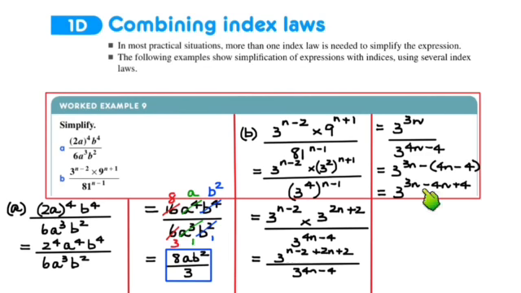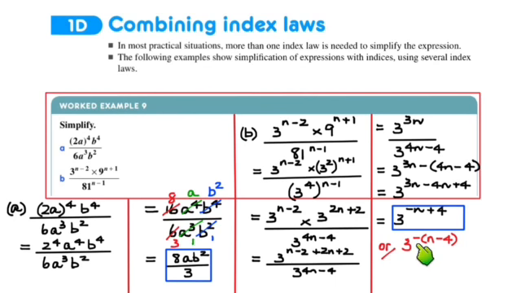Now just cleaning that up a little bit, with that 3n minus the 4n, which gets you minus n, we've got 3 to the minus n plus 4. Now that's a perfectly correct answer. You could, if you wanted to, fiddle with that a little bit, and to have a positive n inside a bracket, you could go 3 to the minus, open bracket, n minus 4, close bracket, right?